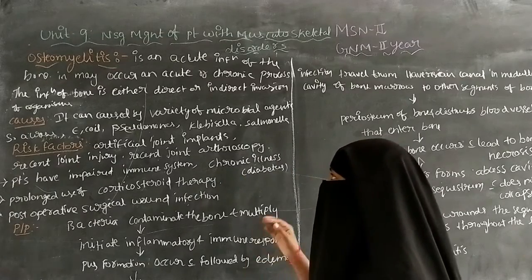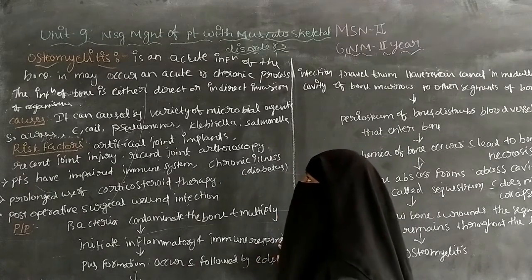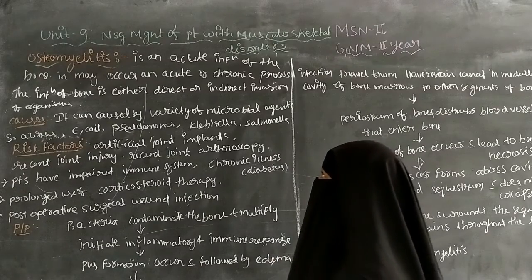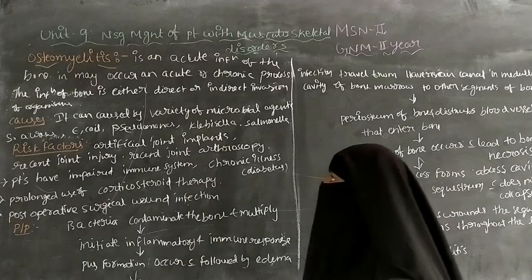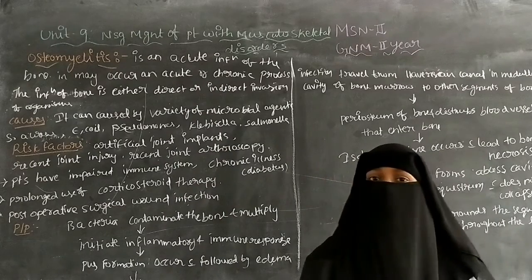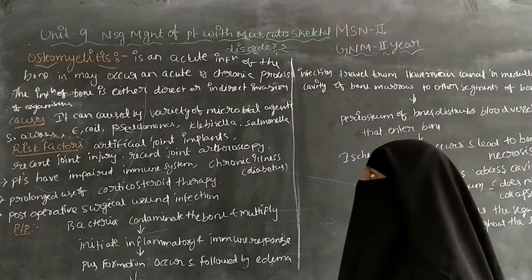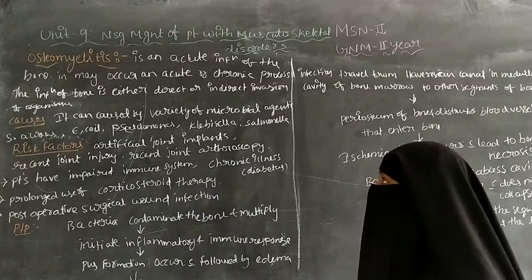Now we will discuss the definition of osteomyelitis. It is an acute infection of the bone, and it can occur suddenly.